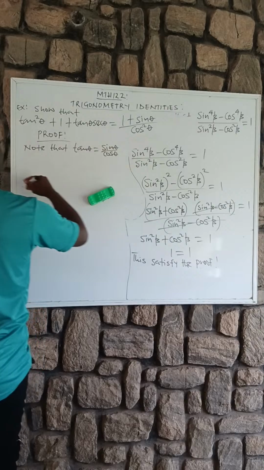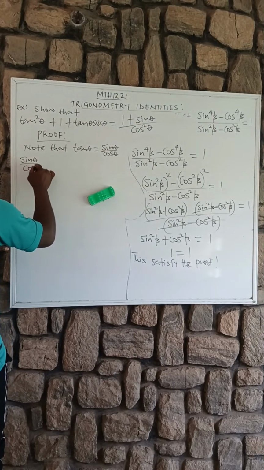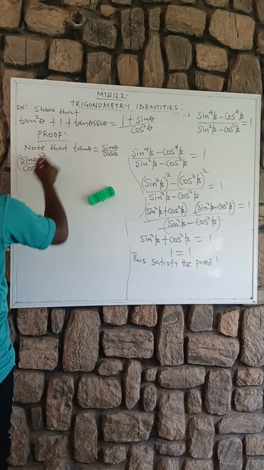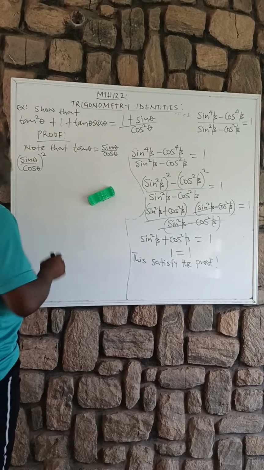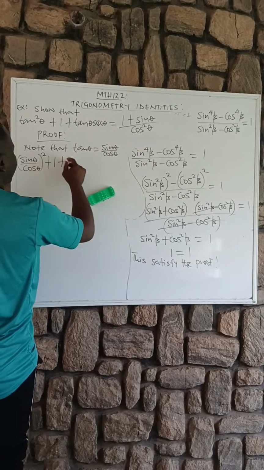Cos theta. True or false? So here will be sine theta all over cos theta. If you agree with me, say amen. Plus 1 plus the same thing.